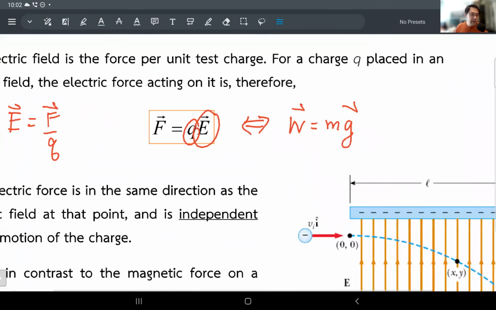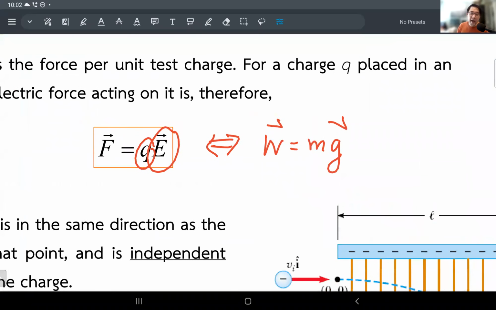I ended last lecture with the note saying that the things we are doing right now, the force in the electric field, are pretty much analogous to the force that a mass experiences in a gravitational field. They are pretty much the same.